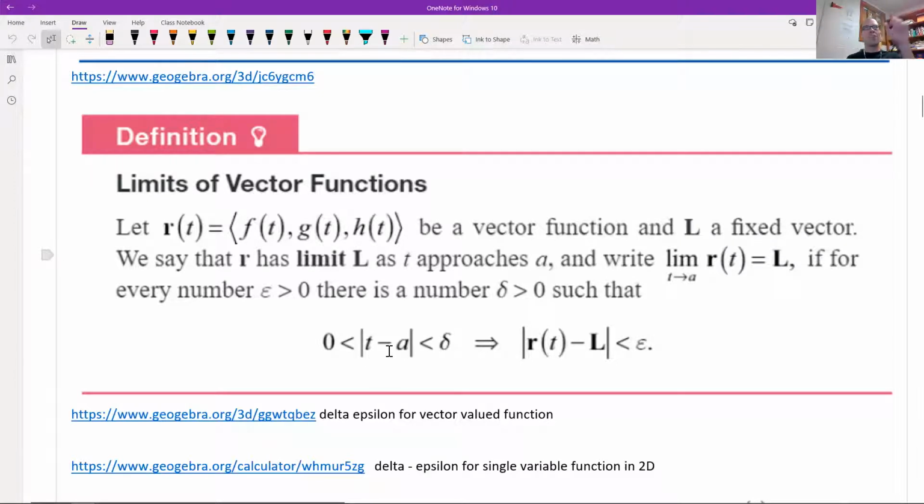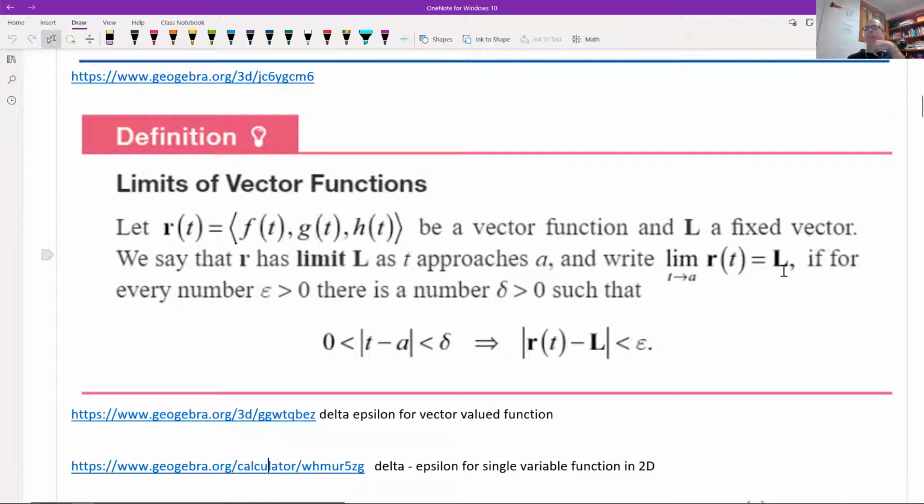We were trying to find t values that are sufficiently close to a. A is the thing that we are approaching in this limit, and we're hoping to get L as our limiting value out of it. But notice that L in this case is no longer just a y value, it's actually a vector.